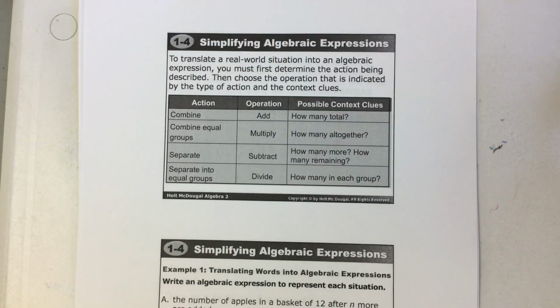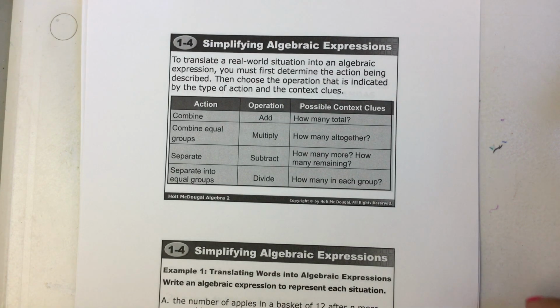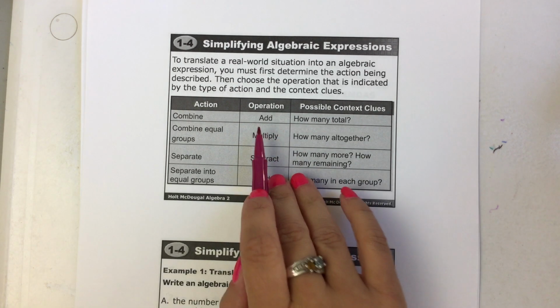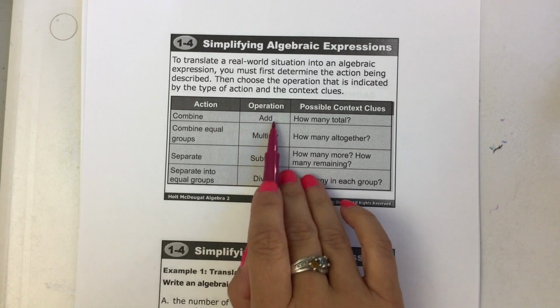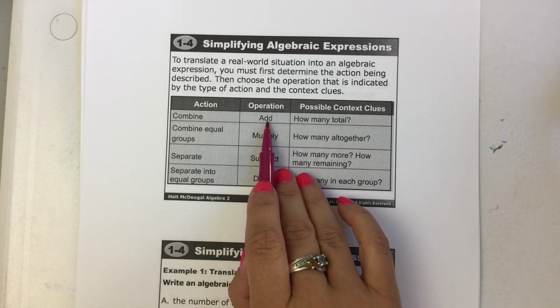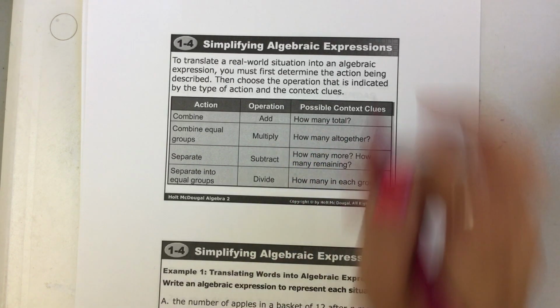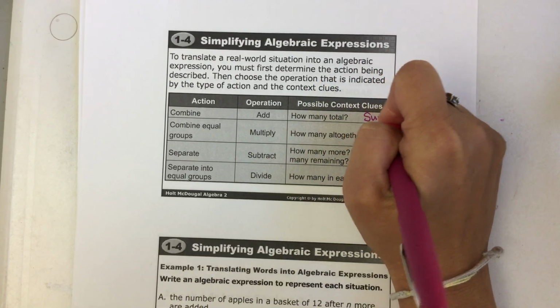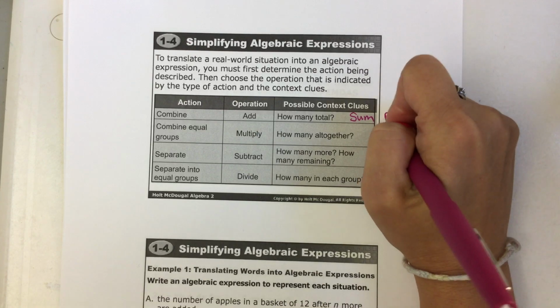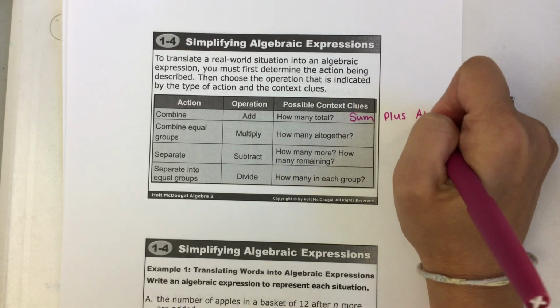One thing that's really important is as you are converting from words into expressions, you want to make sure that you are aware of what kind of words indicate addition or multiplication or tell you to subtract or divide. So let's go ahead and look at add. Words that would tell you to add. The question might say how many total. The words that I want to make sure you know are sum, plus, and.